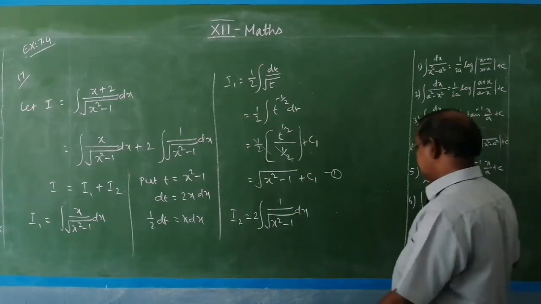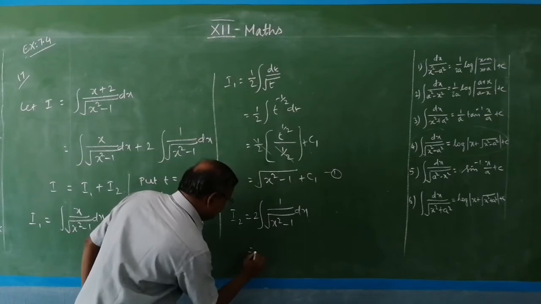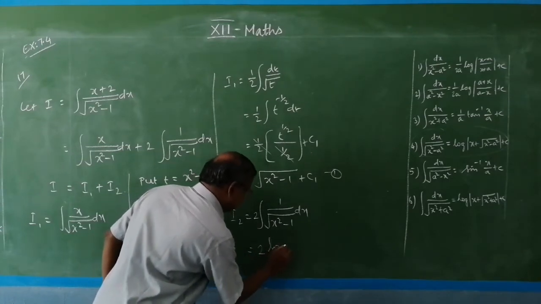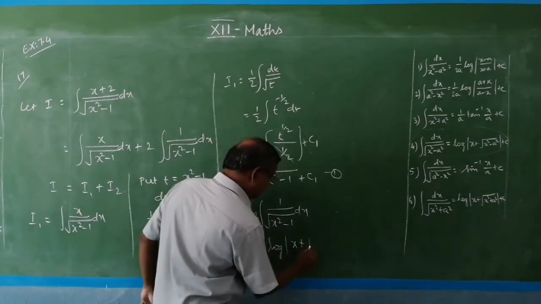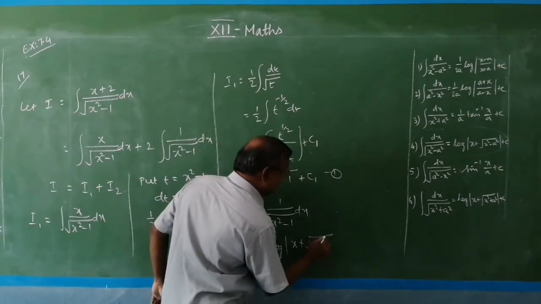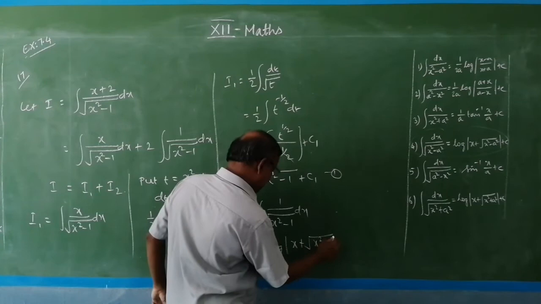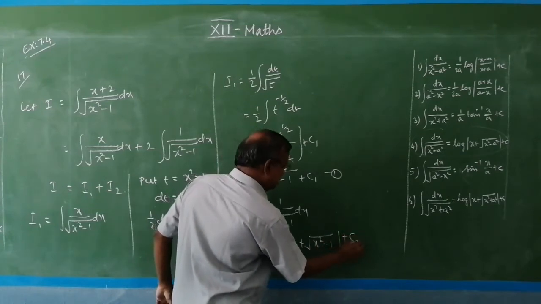So this is 2 into log of modulus of x plus root of (x square minus a square), here a is 1, plus c2.